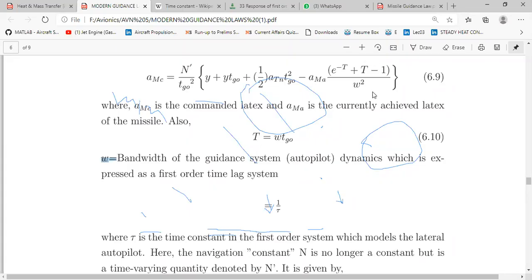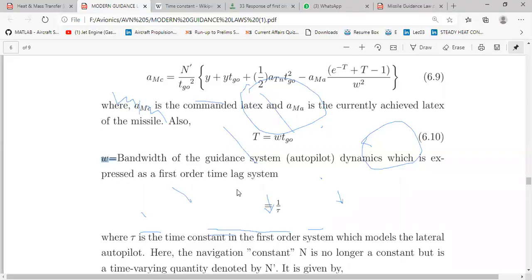So this entire term will be depending on delay time. And similarly, your latex command will be depending on delay time, or that is the dynamics of your control system. So here your missile control system or missile autopilot system is taken into consideration, and we are assuming this is a first order control system, and the network is a time lag network.